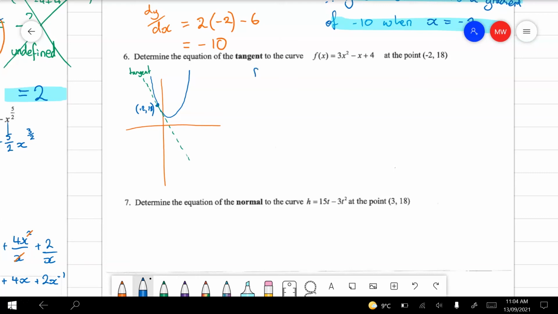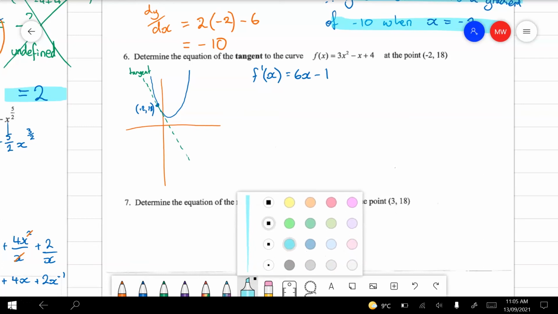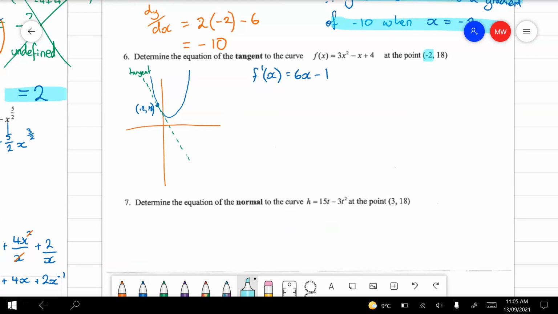We're going to find the derivative function, f dash x, is going to be 6x minus 1. And then we have got an x value here. So we'll substitute that in because we want to know what the gradient or the rate of change is at that exact point.